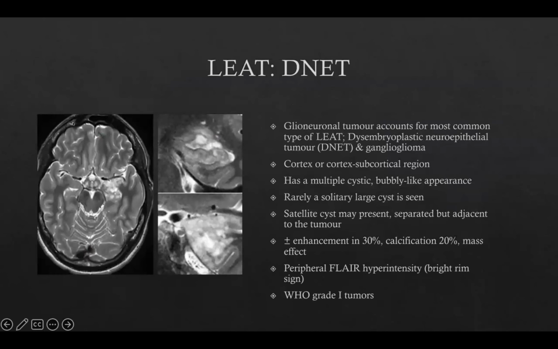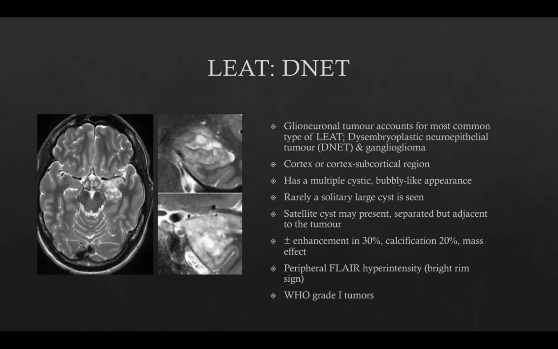Okay, moving on, the next cause of epilepsy is long-term epilepsy associated tumor. The most common one is glioneuronal tumor, which could be DNET or ganglioglioma. DNET is the dysembryoplastic neuroepithelial tumor, and ganglioglioma is the second most common cause of tumor-related epilepsy.